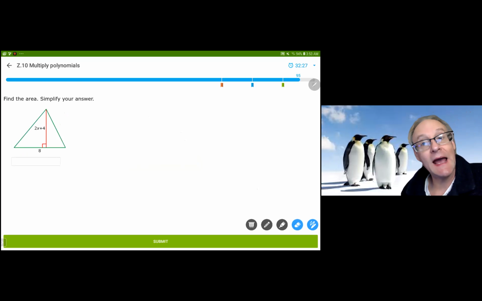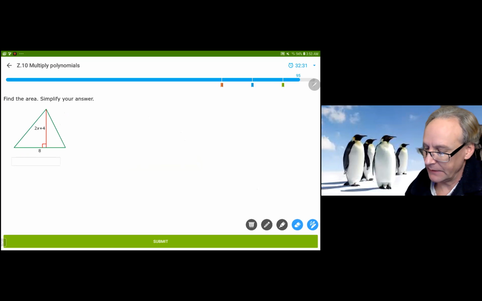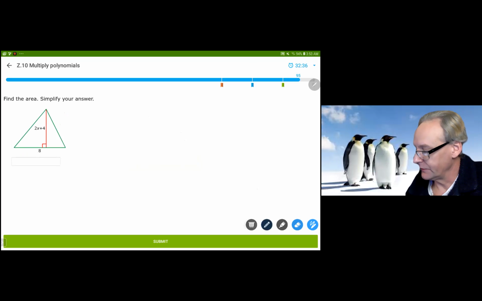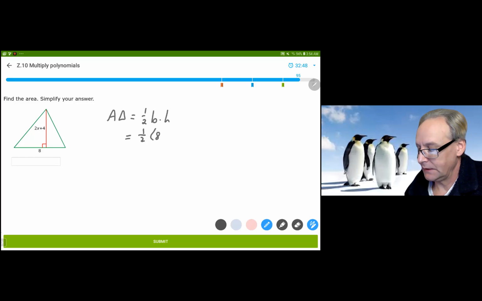This one's going to be 1/2 the base times the height. So instead of multiplying by 8, I'm going to multiply by 4. I'll go ahead and write it for you. This is area of a triangle is 1/2 base times height. That's 1/2 times 8 times 2x plus 4.